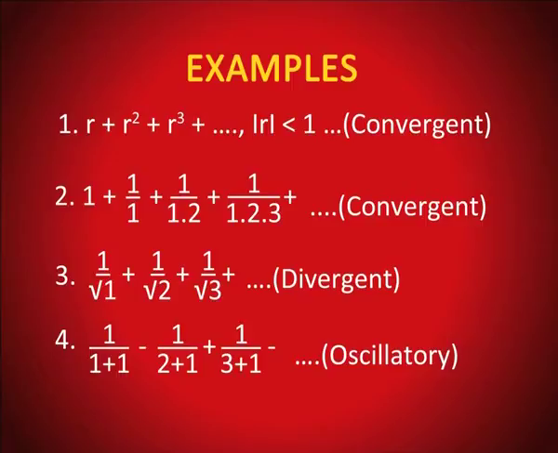The third one is a divergent series. Here the first term is 1 upon root 1, the second term is 1 upon root 2 and so on. So, it is a divergent series. And the fourth one is with alternating sign. The first term is positive, the second term is negative, then positive, then negative. It is an oscillatory series.